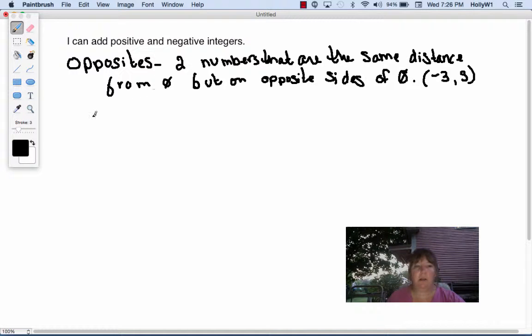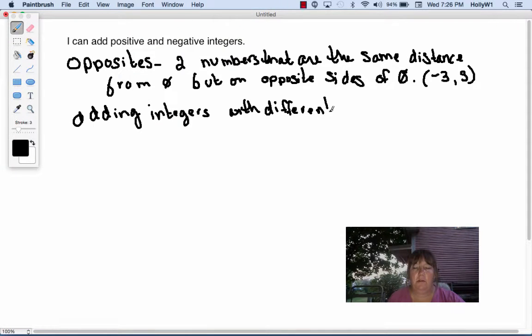So we're going to talk about adding integers with different signs. You thought my board writing was messy? Okay, so what you're going to do is subtract.